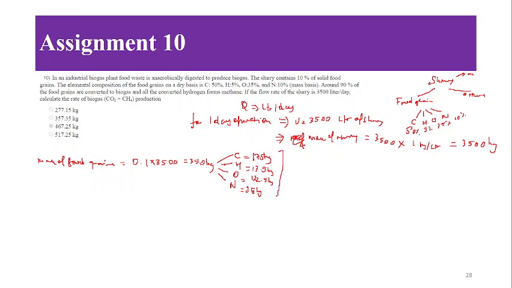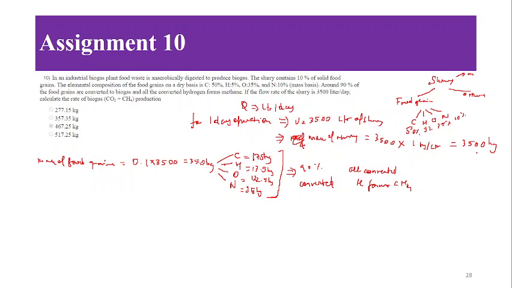However, not the complete amount of the CHON is converted to biogas. Only CHO are converted to biogas. So only 90% is converted. And one more piece of information given here is that all the converted H forms methane. So we start here with hydrogen.